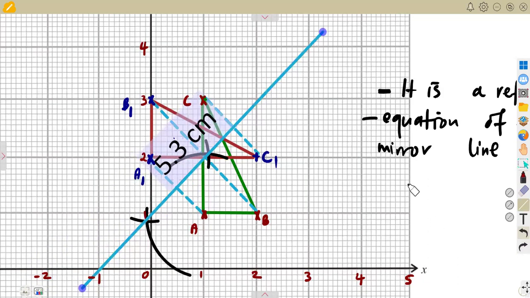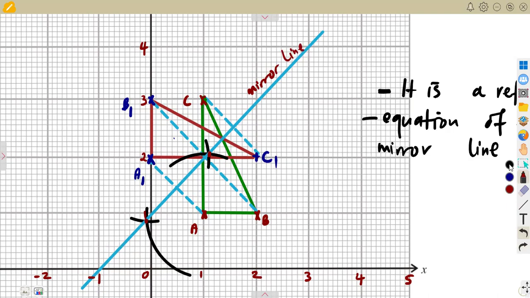So this is your line passing through this bisector and this bisector. So you bisected this line A to A1. It is the same bisector for B and B1. It is the same bisector for C, and you just bisect one. So that is our mirror line, this one.